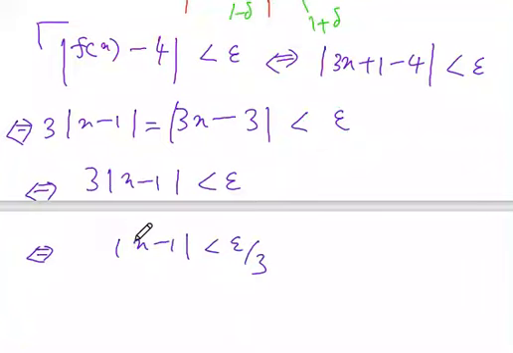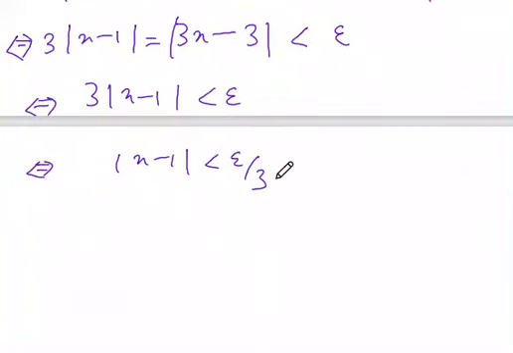From here you can choose delta less than epsilon over 3. Let's consider this range.